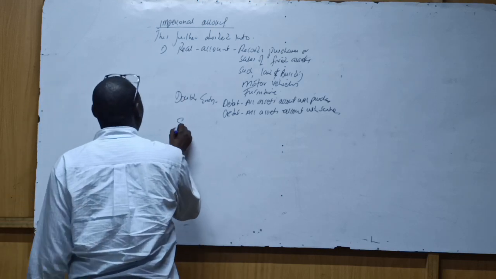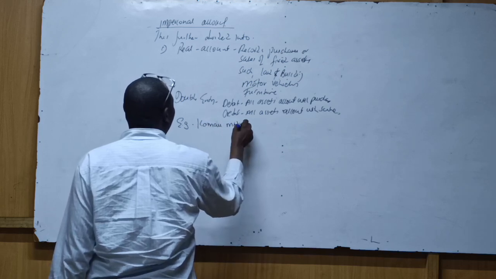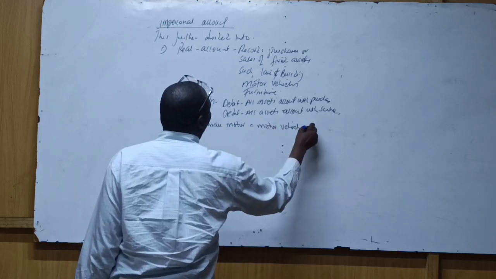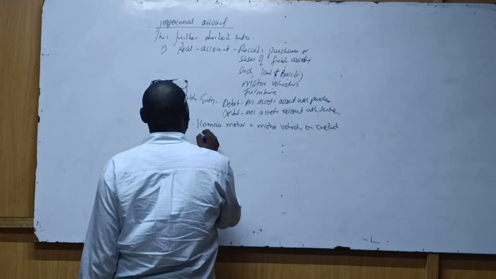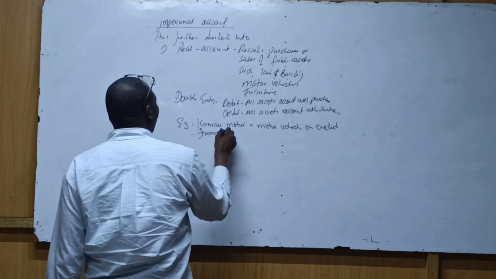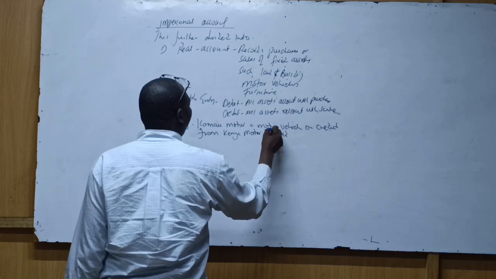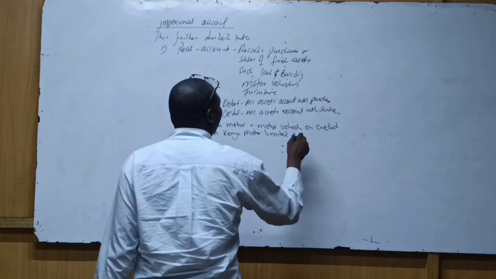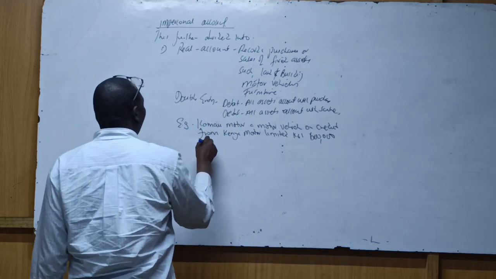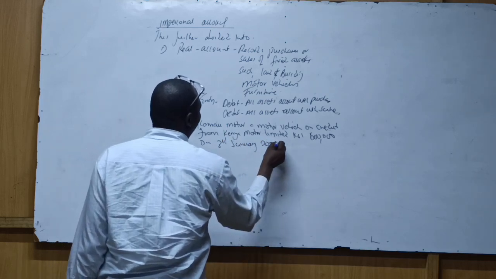So for example, Kamau bought a motor vehicle on credit from Kenya Motor Limited, Kenya shillings worth 600,000, on 3rd January 2025.